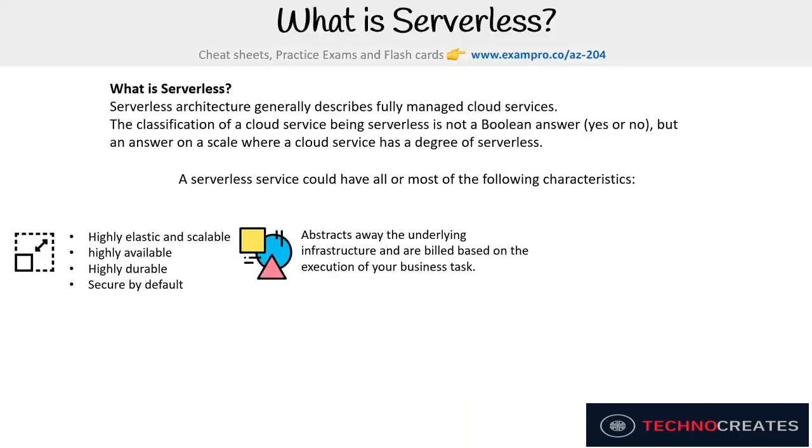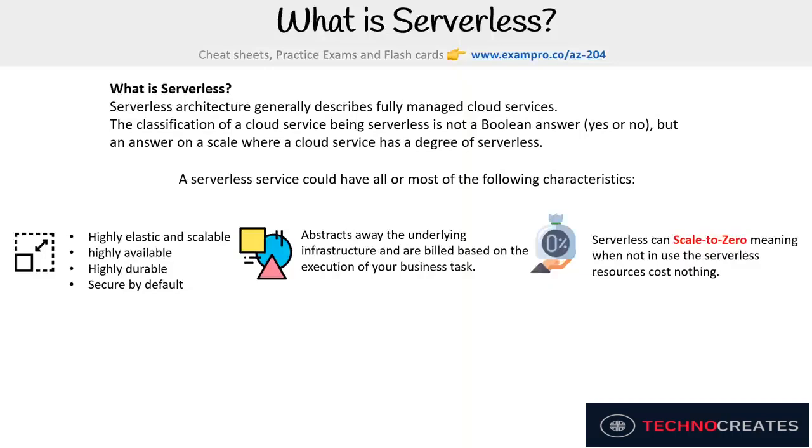So you're not really worried about how many CPUs and things like that. Maybe they are abstracted into virtual CPUs or away from what the original hardware is using. The idea is that it's a simpler value. Then the idea is that serverless can scale to zero, meaning that when it's not in use, you're not paying for anything. And the most important thing is you're paying for value, so you do not pay for idle servers.